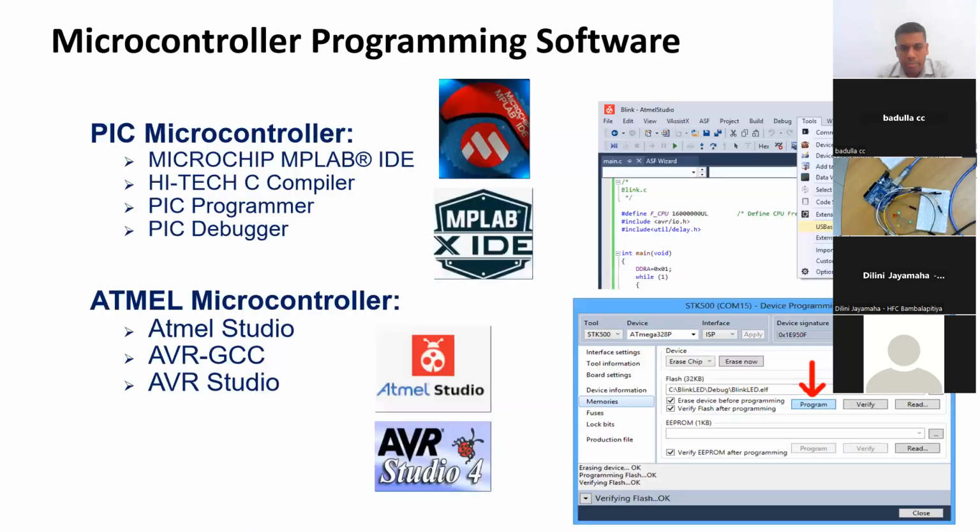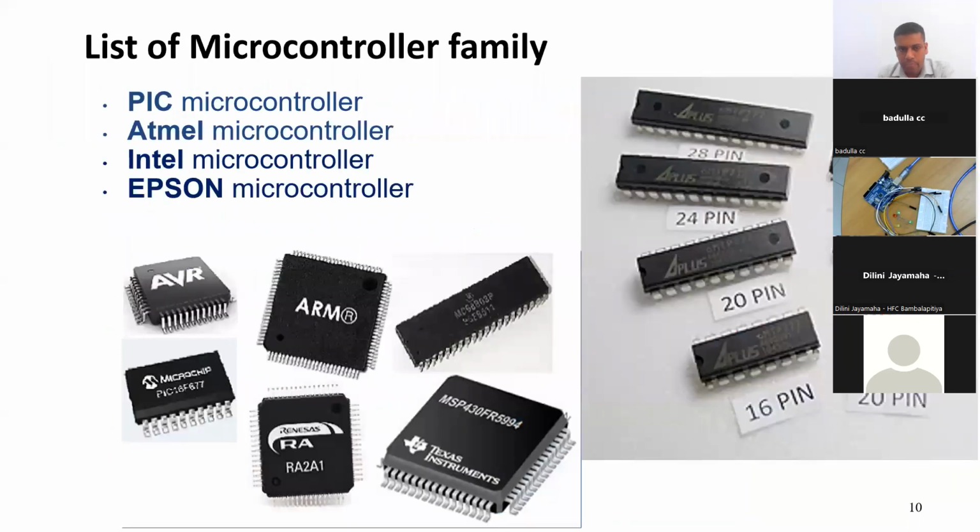There are many different kinds of microcontrollers. We learned earlier that Arduino is one thing. Arduino uses Atmel, a group of microcontrollers. Inside the Arduino board we are using an Atmel microcontroller.